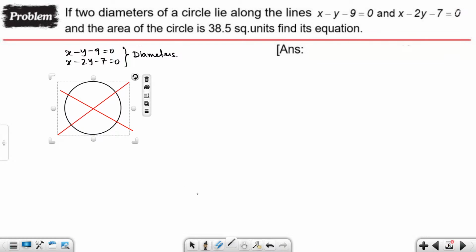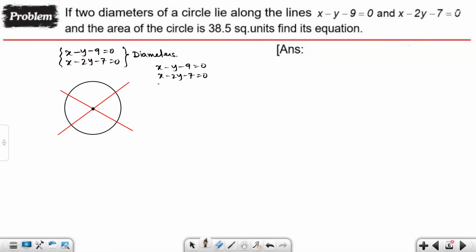Now think about it. If I solve these two diameters, I mean the equation of these two diameters, we get the center of the circle, right? So let me just quickly solve these two equations. So what we are going to have? x minus y minus 9 is 0, and x minus 2y minus 7 is 0.